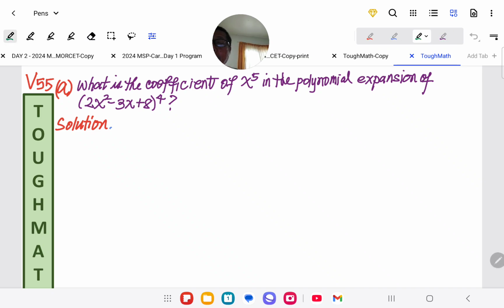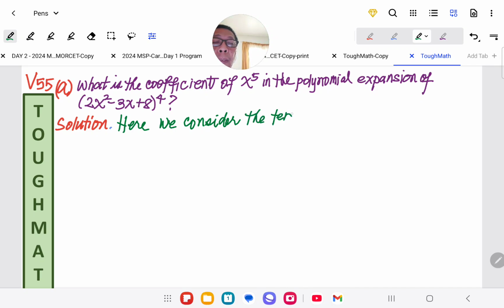Here we consider the terms for 4 taken 1 and then 3 and then 0.